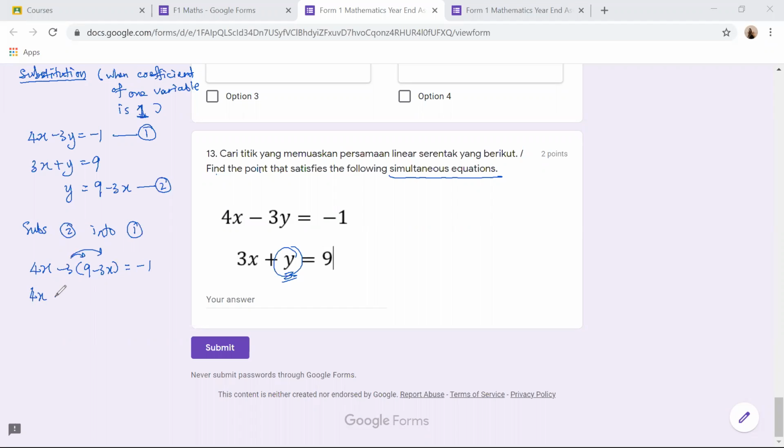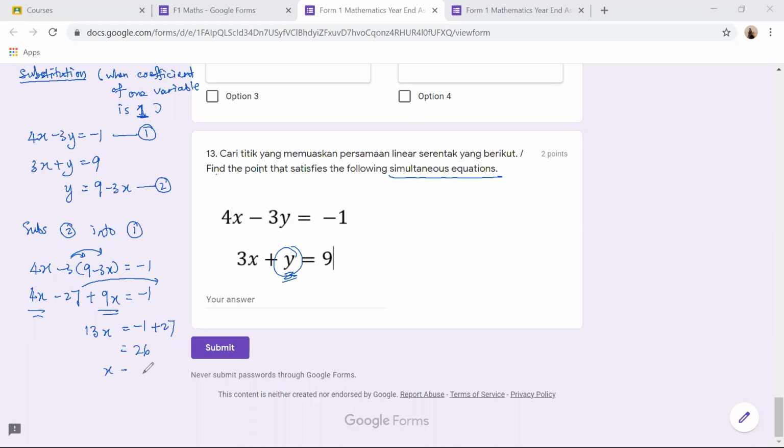So we will have negative 27. Negative, negative becomes positive, 9x equals to negative 1. Group the like terms together. 4x plus 9x, we get 13x equals to negative 1. The negative 27 brought across becomes plus 27, so we have 26 here.